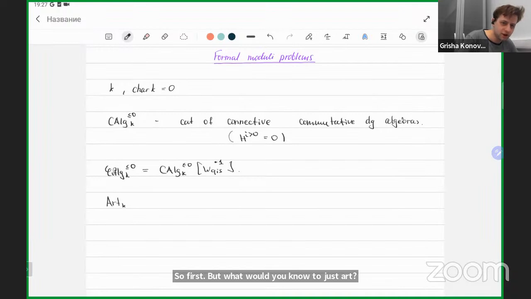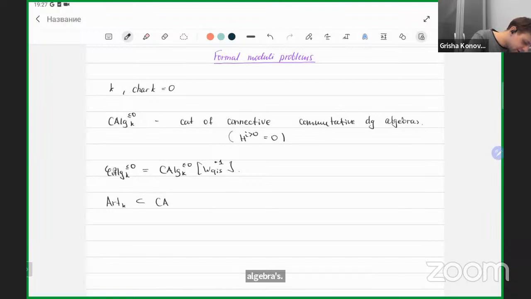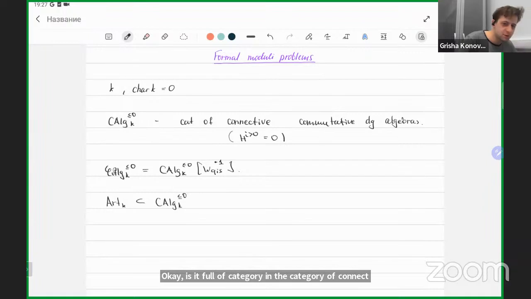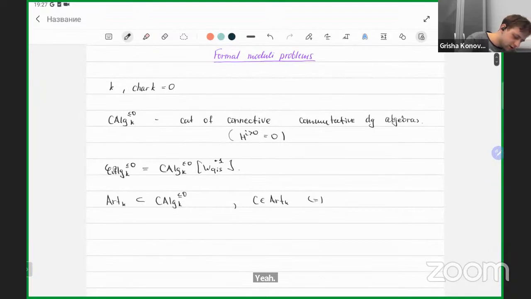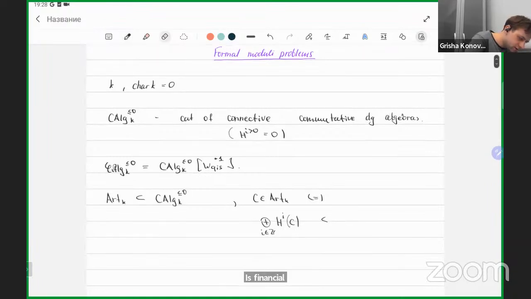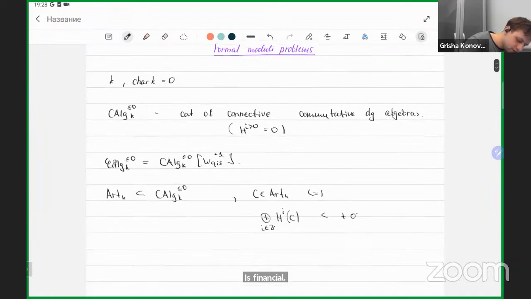Art, the category of Artinian differential graded algebras over K, is a full subcategory in the category of connective differential graded algebras over K. An algebra is Artinian if and only if its total cohomology is finite dimensional over the base field.